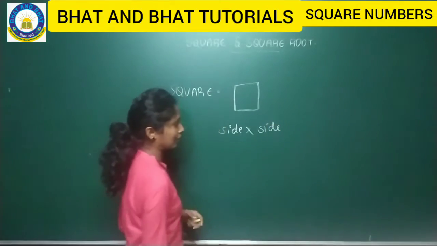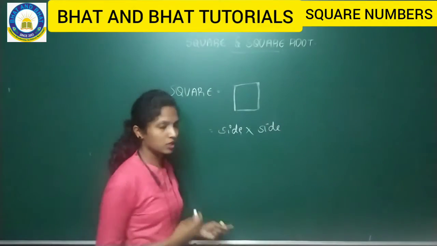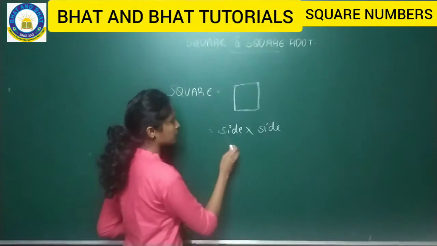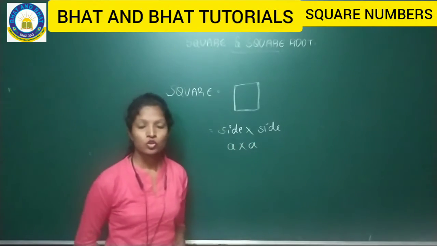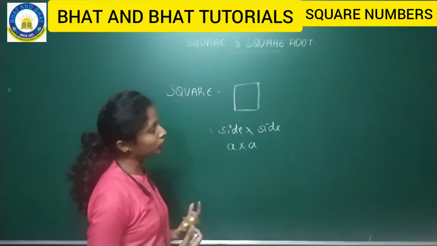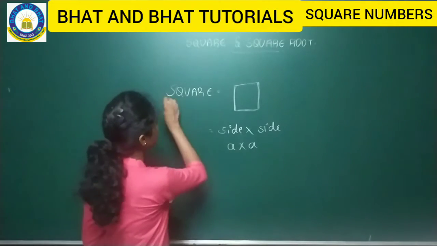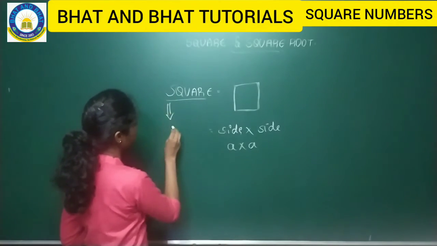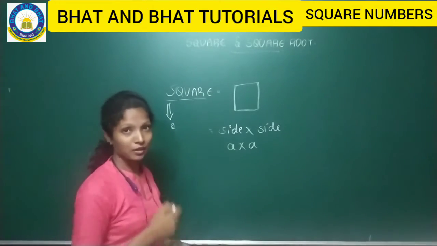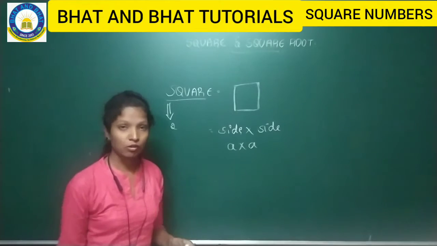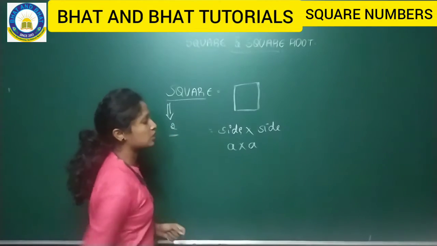We usually say, right? Square is equal to side into side, or sometimes we may say A into A. Correct. And one more thing comes to our mind. Square is nothing but power of 2, a small 2 that you write on the upper right hand corner of the number. So this is also called square.